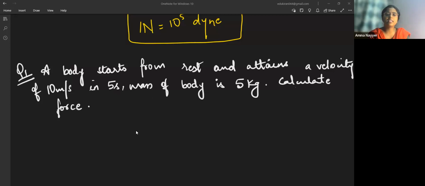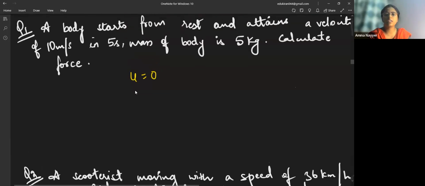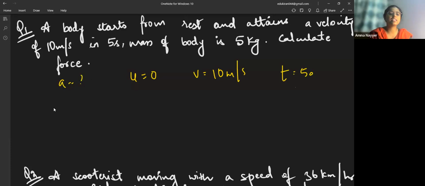The body starts from rest, means initial velocity is 0. It attains a velocity, means final velocity is 10 meter per second. Time is 5 seconds. Can't you find out acceleration? V is equal to u plus at, and u becomes 0.